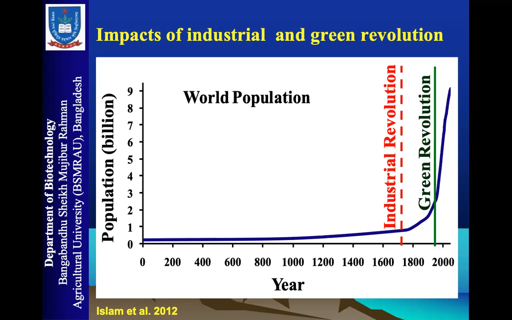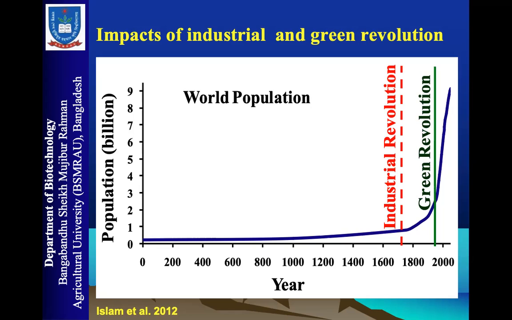And due to the toxicity of the agrochemicals, biodiversity is also severely affected, and soil health is severely deteriorated. And now the technology that we used in the green revolution is not working as it worked before. You can use the fertilizer, but you cannot get the higher yield.